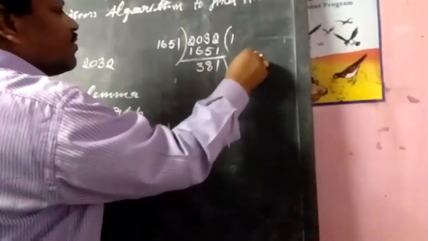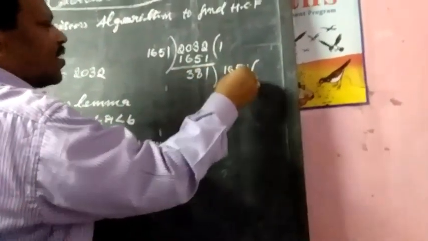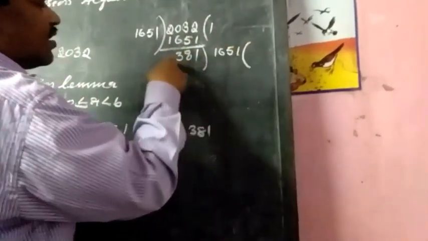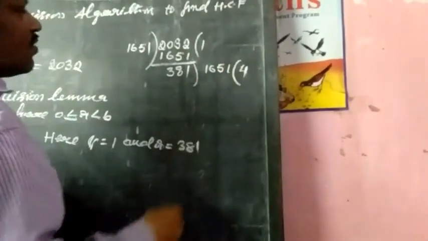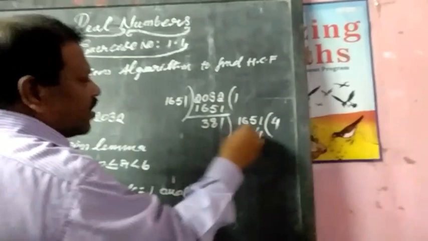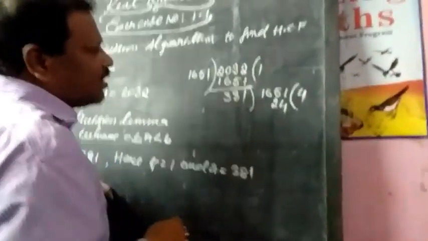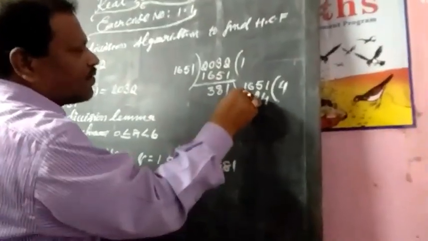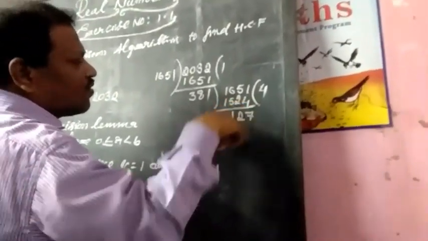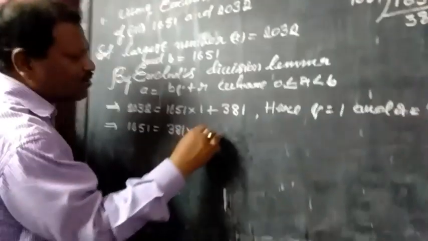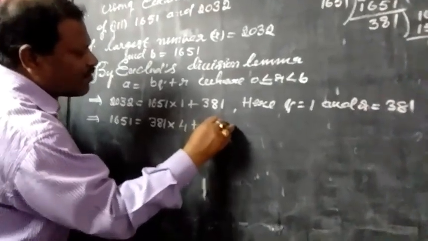So 1651 divided by 381. 4 times. 4 1s are 4, 4 8s are 32, 4 3s are 12 plus 3, 15. The remainder is 127. So 4 plus 127.